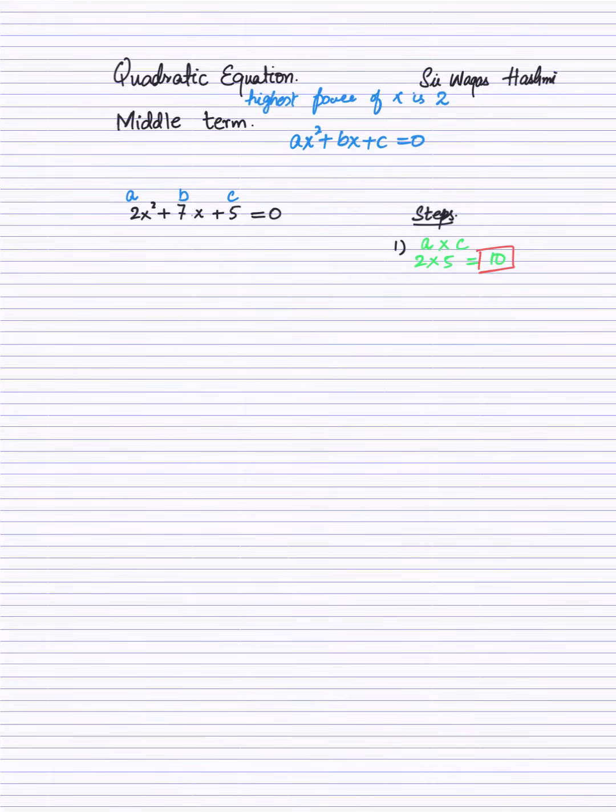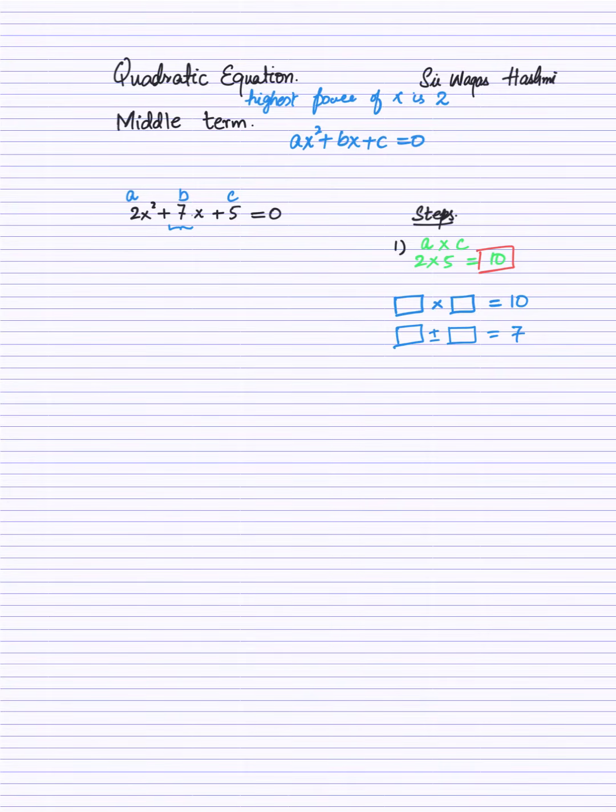Now I need to think of two numbers. When I multiply those two numbers, I should get the value obtained in the first step, that is 10. And when I add or subtract those two numbers, I should get my middle term, and it's 7.